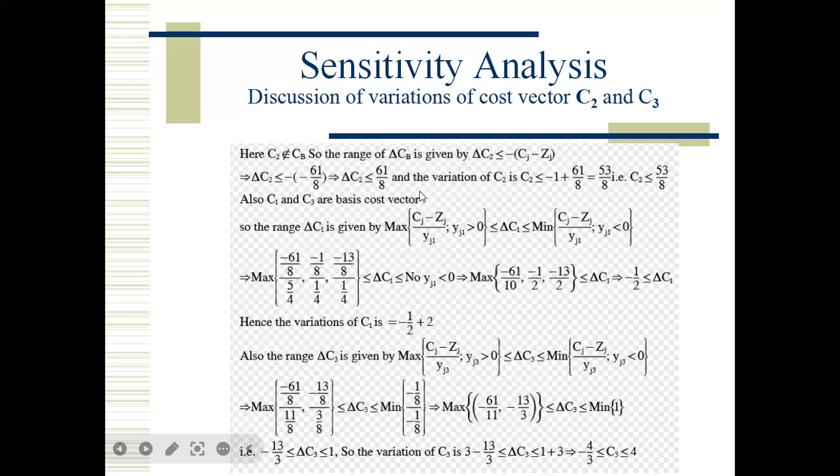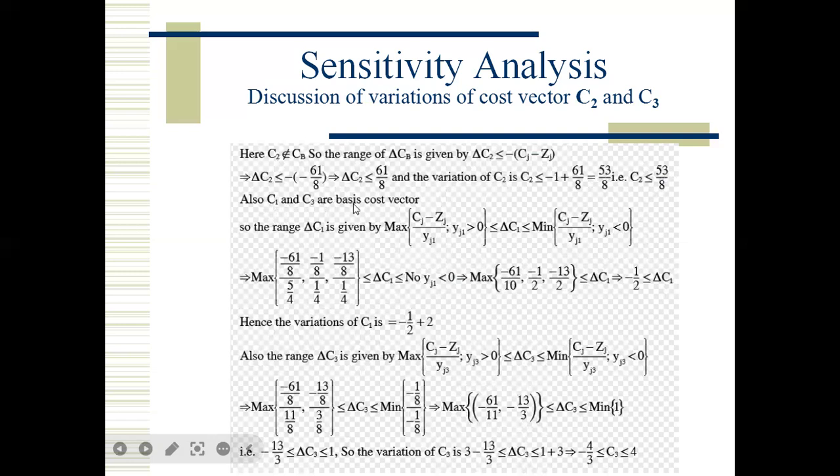So del C2 is less than or equal to 61 by 8. For the variation of C2, we add the coefficient of C2 in the given problem, which was minus 1, and we get 53 by 8. This is the condition for C2.